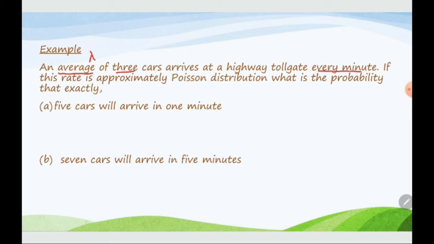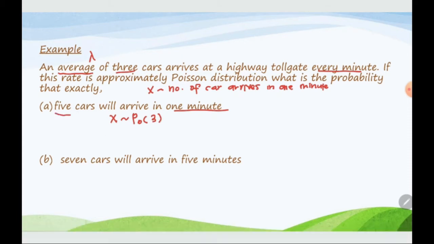So by definition, X is the number of cars arriving in 1 minute. For part A, because the question asks in 1 minute, X has a Poisson distribution where lambda is 3.